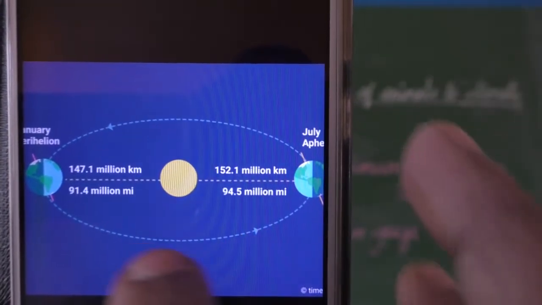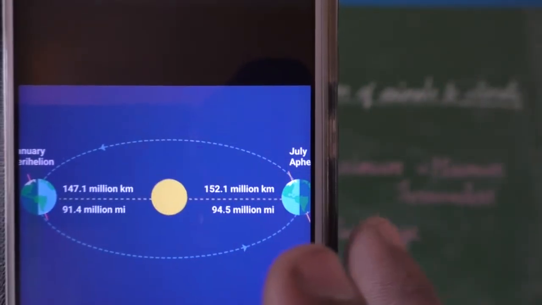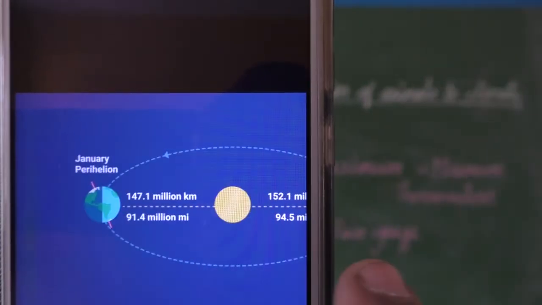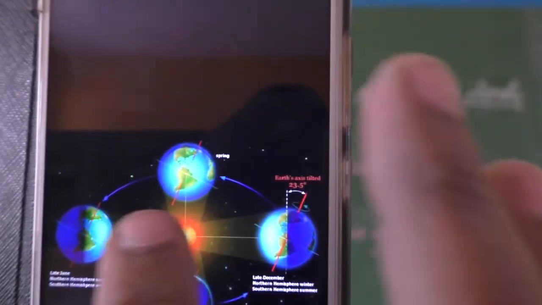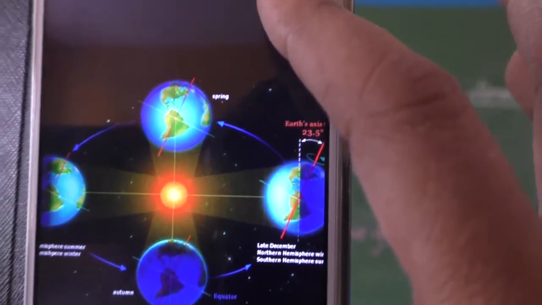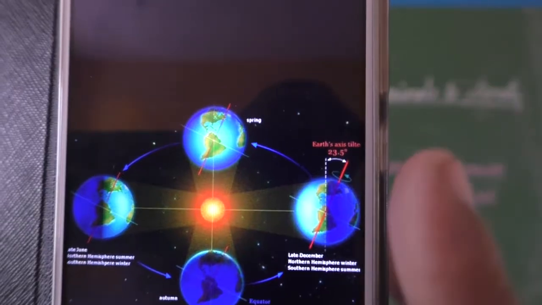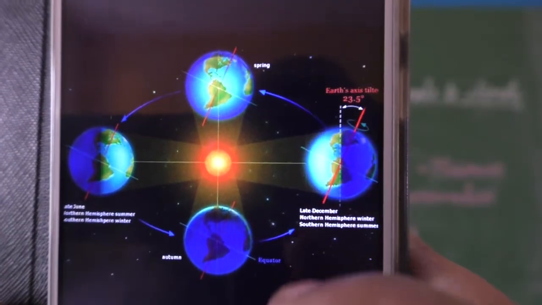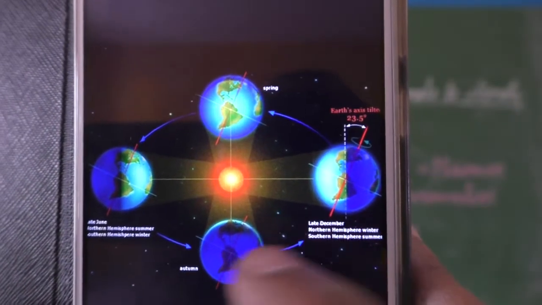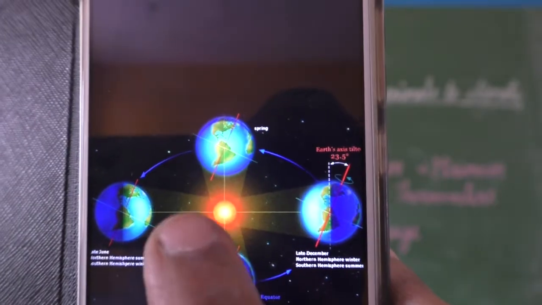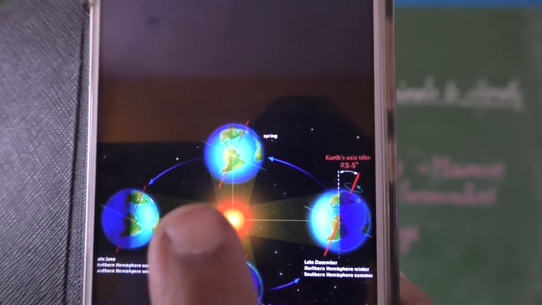The Earth revolves around the Sun, and in 1 year we receive 4 different climates: spring, autumn, winter and summer. How is it possible?